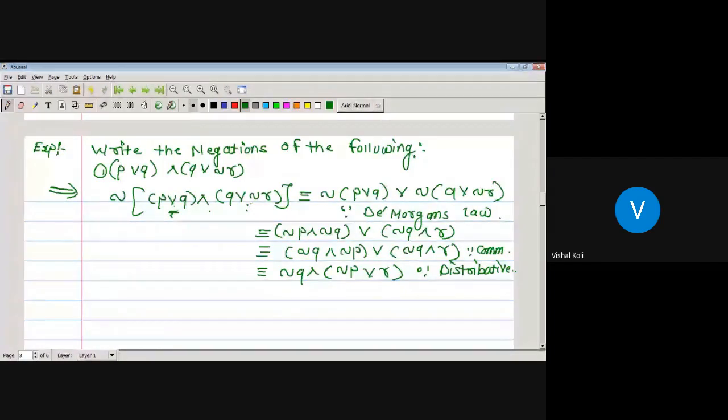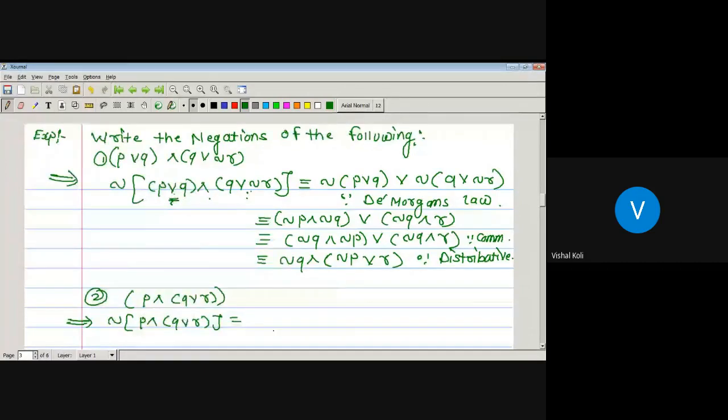Now the second statement. We have to find out the negation of P and Q or R. Its negation will be denoted by this symbol. Again, we have to use De Morgan's law.